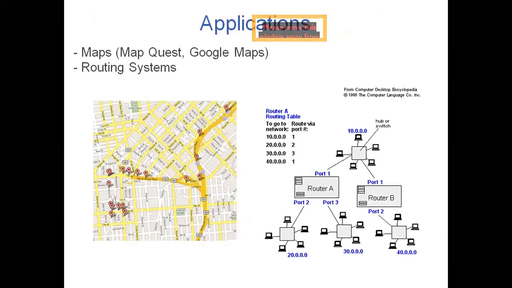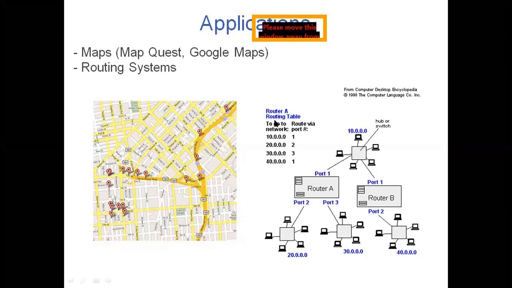So applications were already explained. We have maps, that is MapQuest and Google Maps, and routing systems as another example. So we have the maps, and all of you are more familiar with Google Maps. This is one of the applications of shortest path finding algorithms.